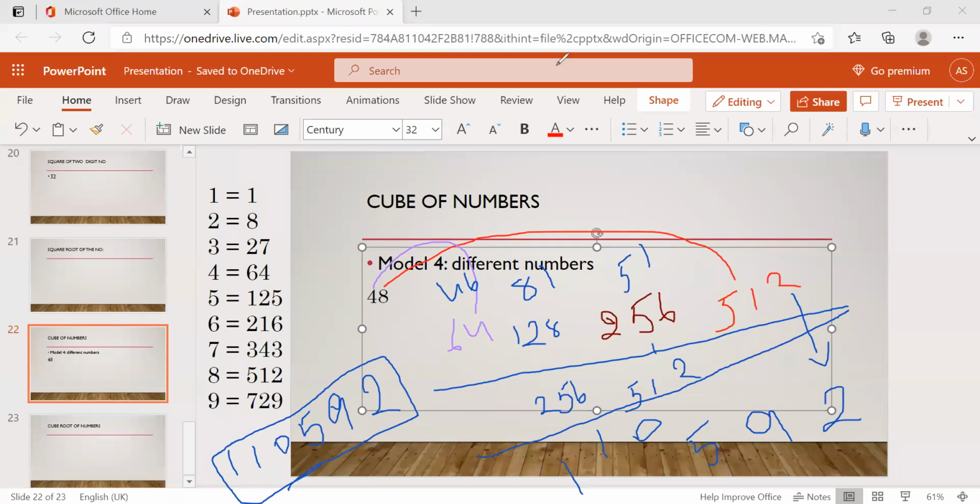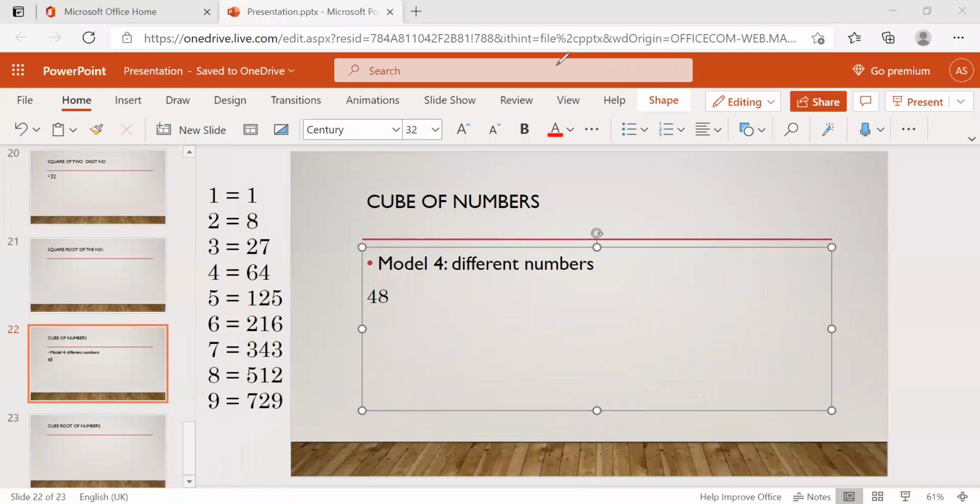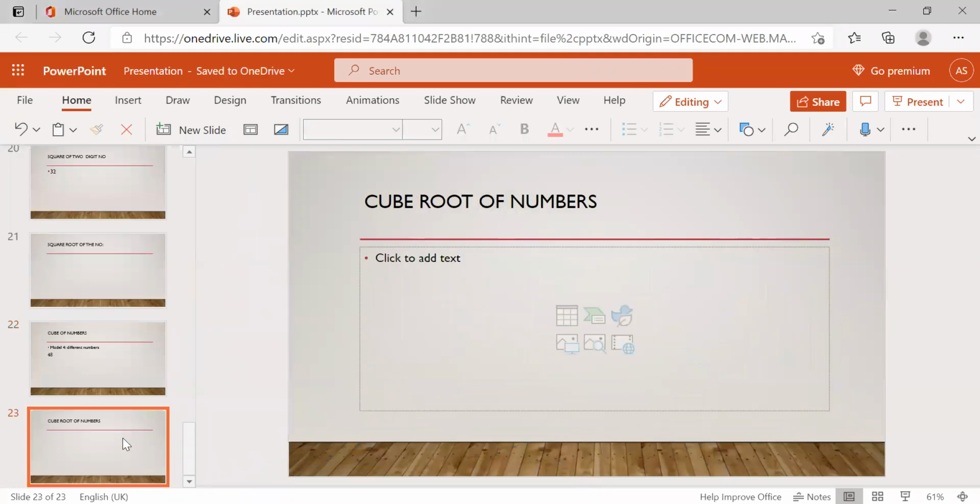Cube numbers have somewhat more models and more steps. But come to the next trick. It is damn easy, that one, cube roots. How are we going to do cube roots? So any one number, you just take any cube root. Just listen carefully.